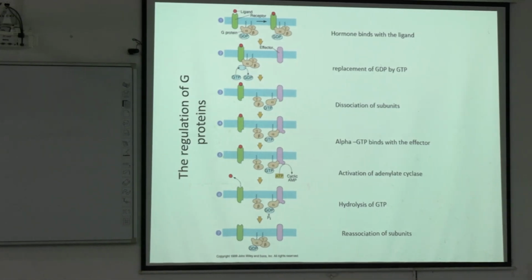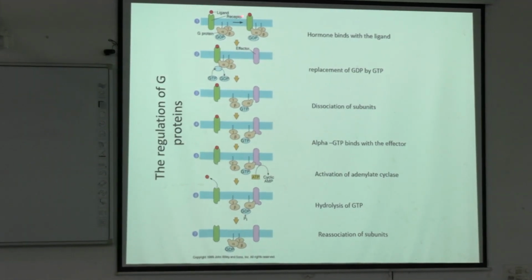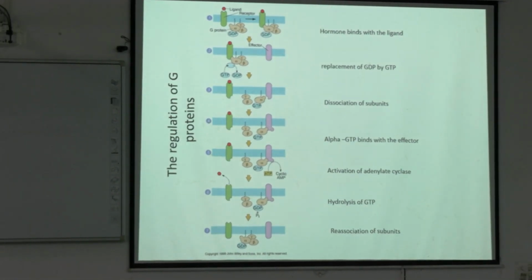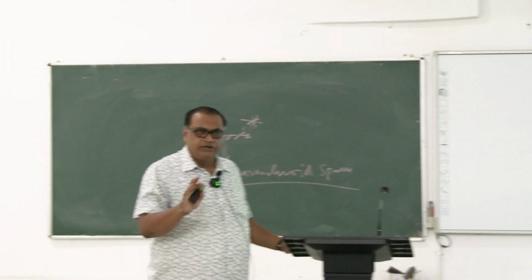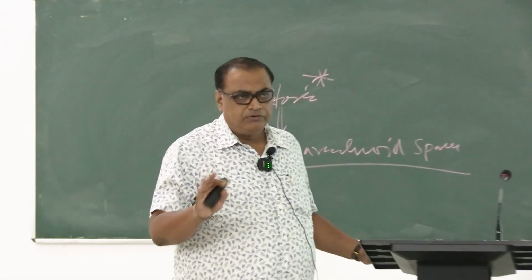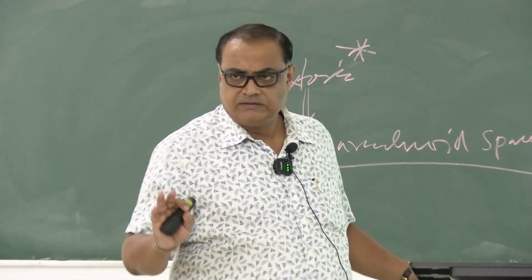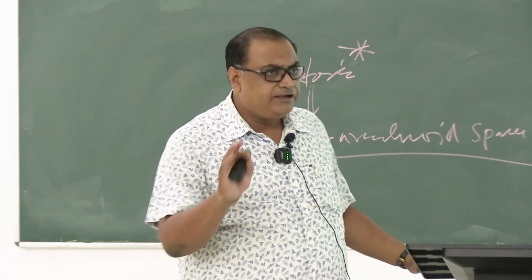What is that green color? Receptor. What is the name of the receptor? A specific name. 7-TM receptor. See, very clearly, this is a very important chapter. No one will explain it to you after this class. Switch it on.